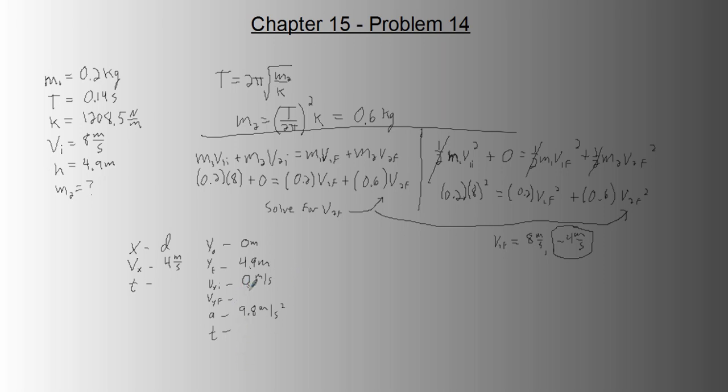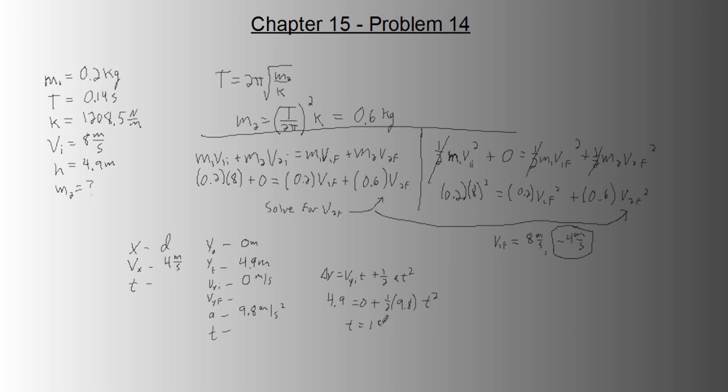So let's find time using this column. We got delta y equals vy initial t plus 1/2 a t squared, 4.9 equals 0 plus 1/2 9.8 t squared. That gives us t equals 1 second.